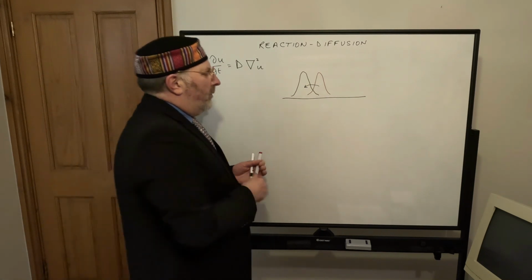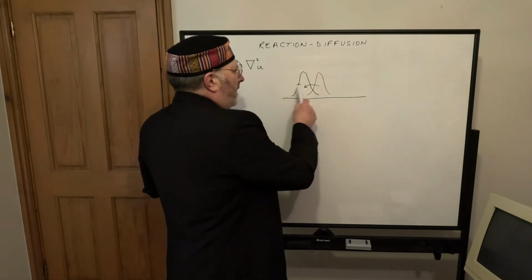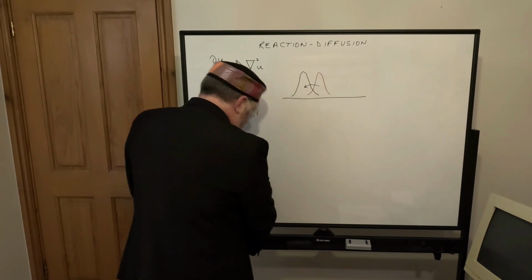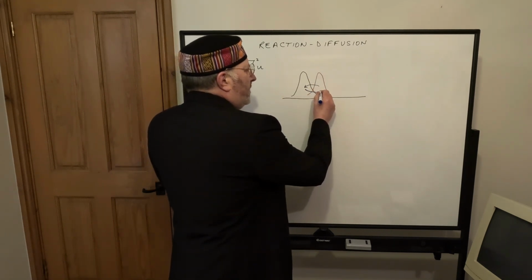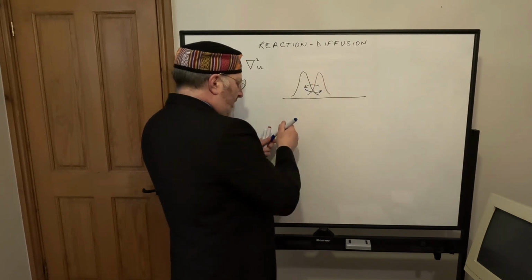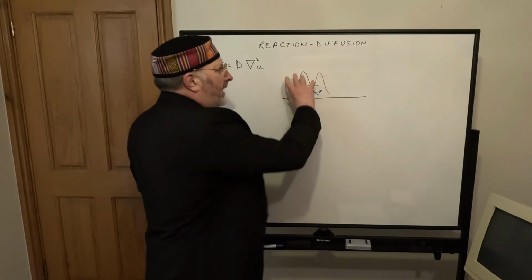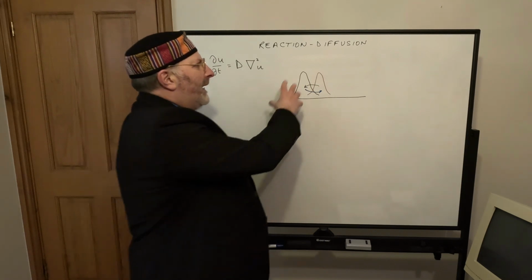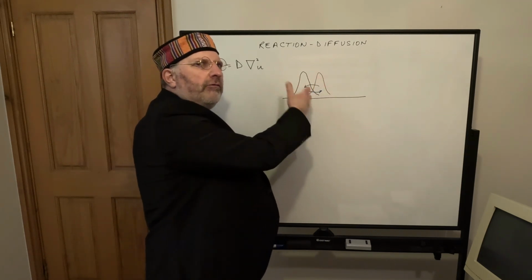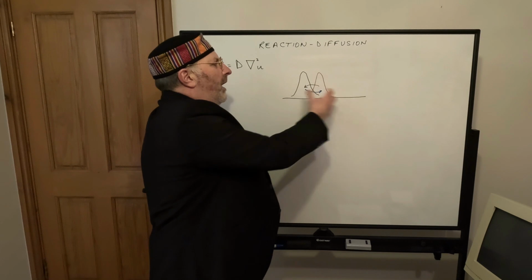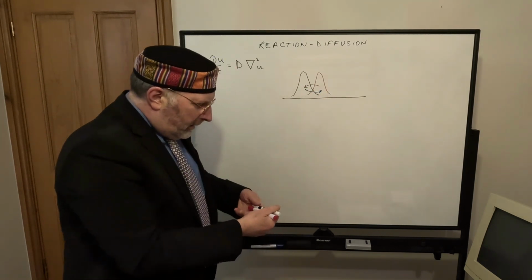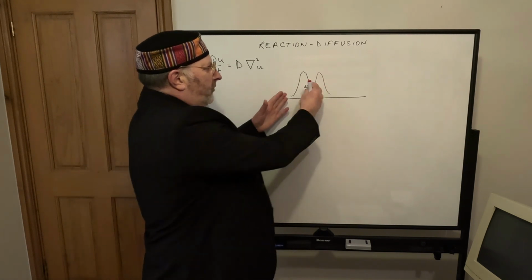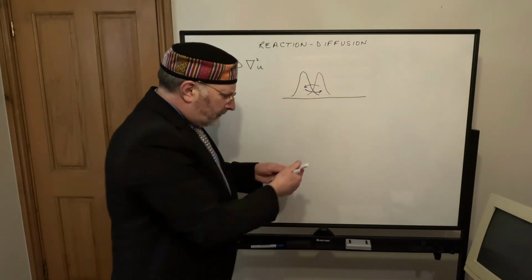And that then changes the reaction happening here, which then diffuses back to here and changes what's happening there. And so you can get kind of waves of concentration of different chemicals moving through space, and sometimes forming steady patterns.